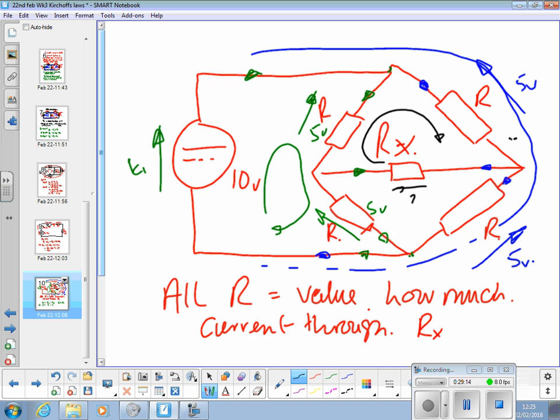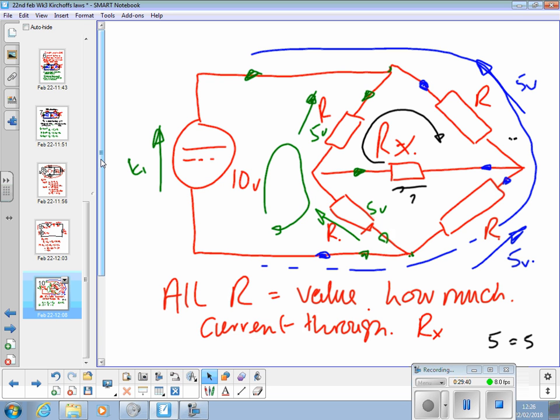So if we've got 5 volts on one side and 5 volts on the other, whichever side I put VRX on has got to equal 0 for that to be true. So if there's no voltage across a resistor, how much current flows through it? By Ohm's law, none. Yep. That circuit is a Wheatstone bridge.